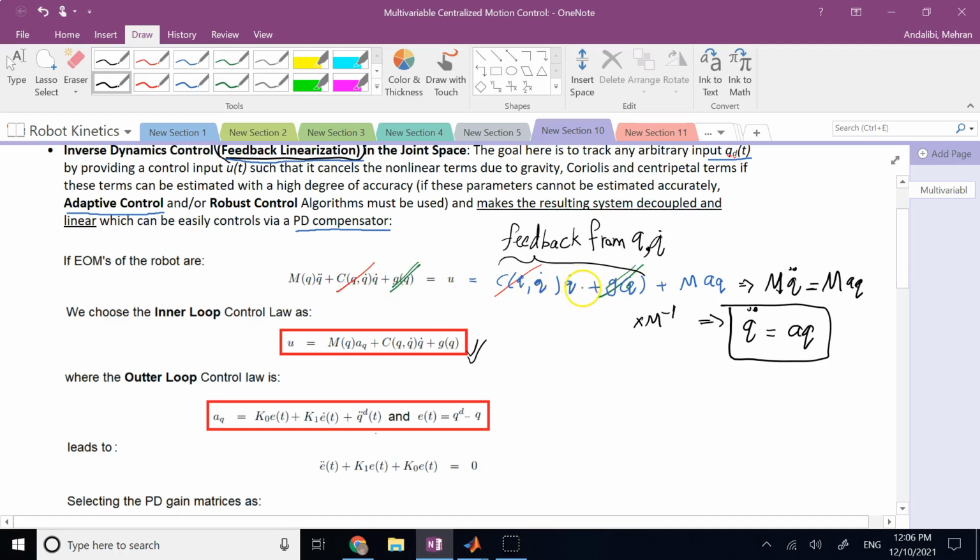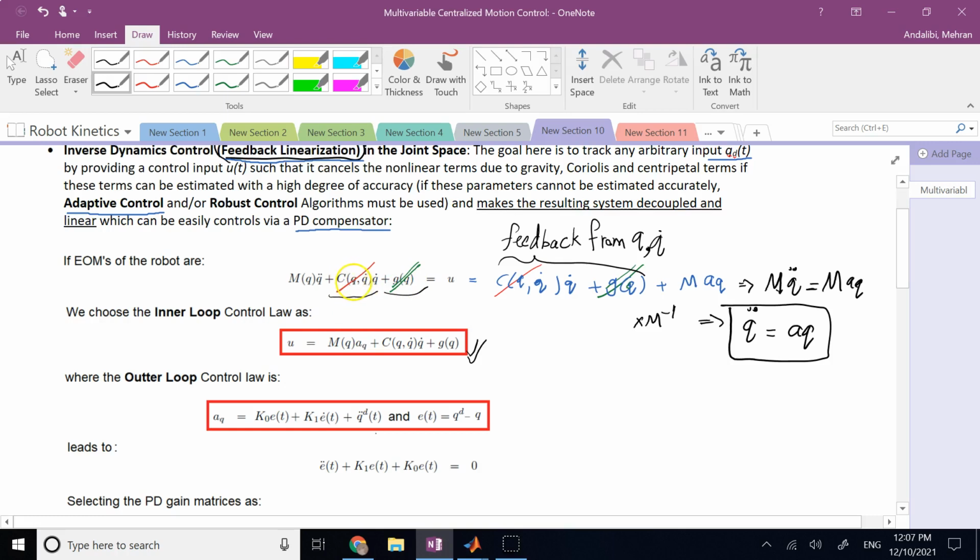The other thing is the formulas that we have calculated for C and G are the best knowledge of us from the robot. It doesn't mean they are exactly the same as the true robot parameters. They are our best knowledge, best model of the robot.